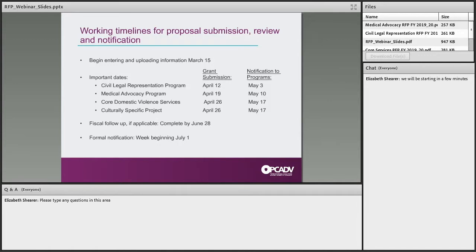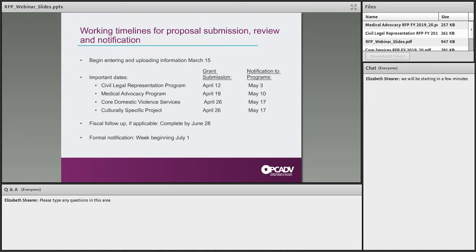We hope to have that completed by June 28th. So once those two processes, the independent review committee process and the fiscal review process, are done, that formal notification is July 1st. Week beginning July 1st.